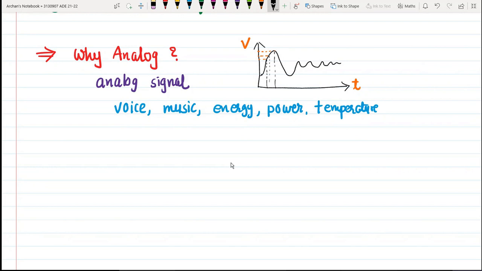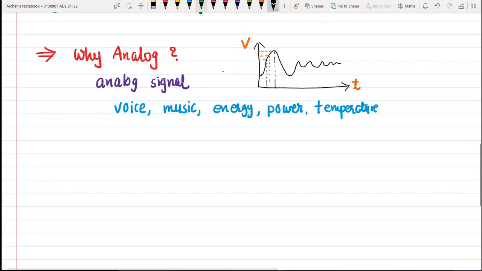But as you can see from this signal, it is continuous in nature. There is no break in this signal, okay? So this kind of signal is known as an analog signal, and examples are voice, music, energy, power, temperature, etc. And these kinds of signals are readily available, okay? These are naturally occurring signals, naturally coming signals.